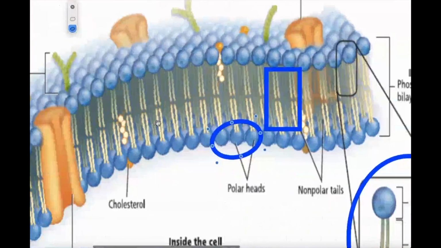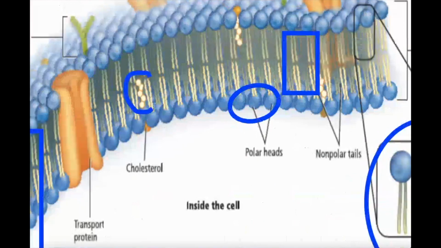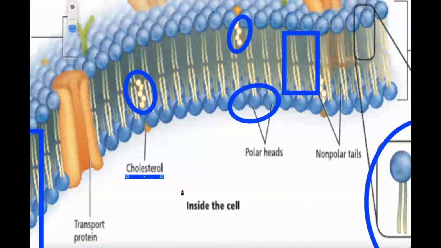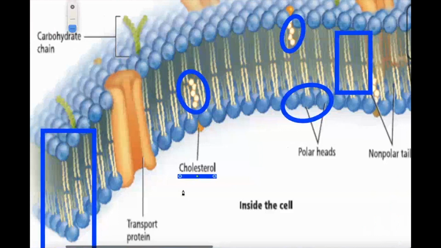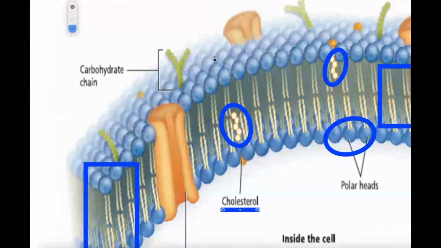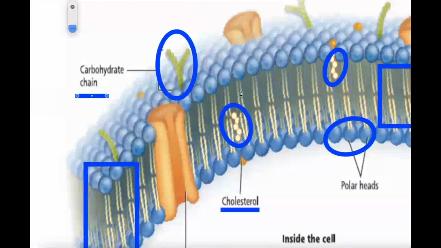In addition to that, you have these ones here. These are called cholesterol, which increases the fluidity and strength of the cell membrane. On the above surface of the membrane, you have these extensions. These are the carbohydrates, which are for signals and cell-to-cell recognition.